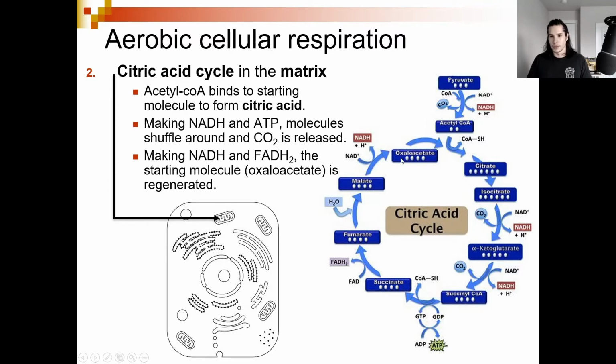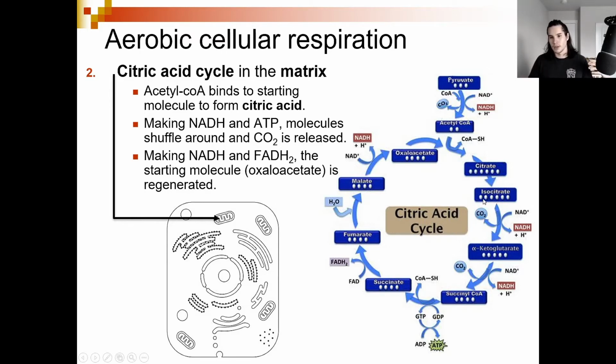Okay, and we don't have to know all of these other names here. It'd probably be beneficial for you guys to know citrate, probably oxaloacetate as well. Same with acetyl-CoA, and same with pyruvate. But isocitrate, alpha-ketoglutarate, we don't need to know this stuff here. So what happens is you combine oxaloacetate to acetyl-CoA to make citrate.